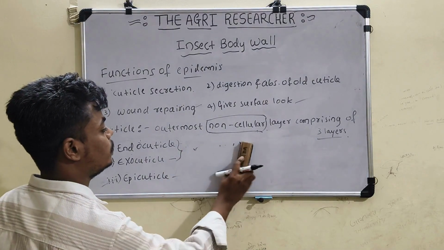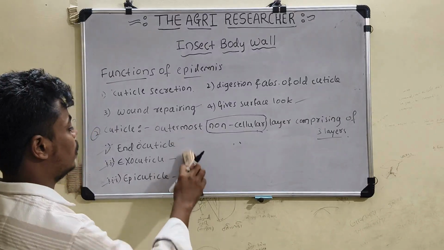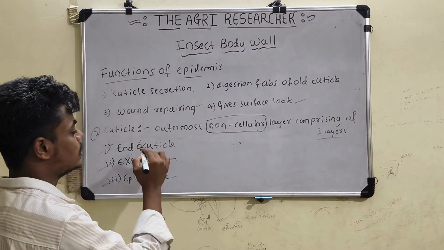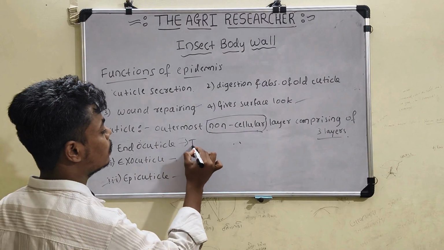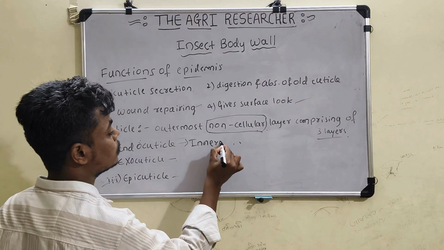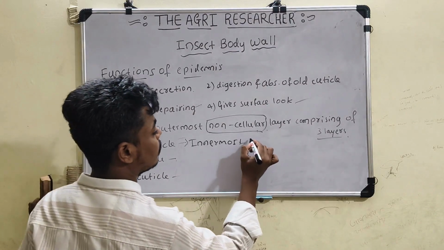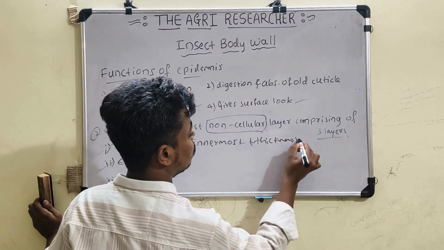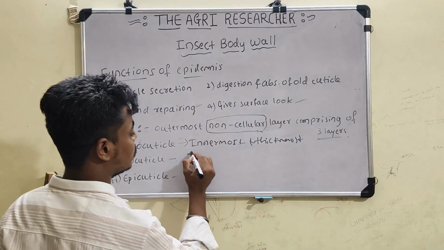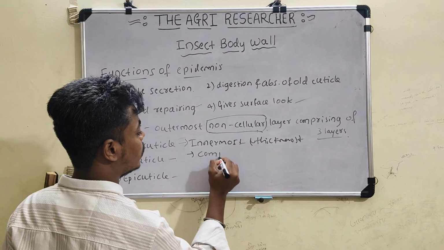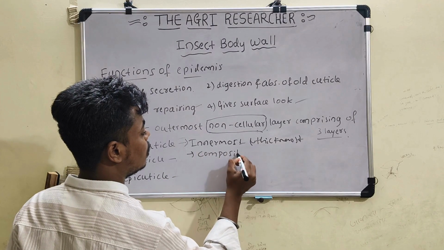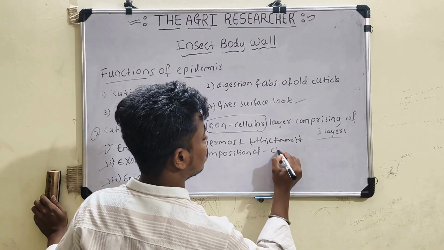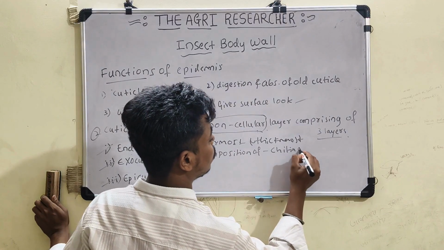Next, we discuss one by one. The endocuticle, as the name itself says, is the innermost and thickest layer, composed of chitin and arthropodin.